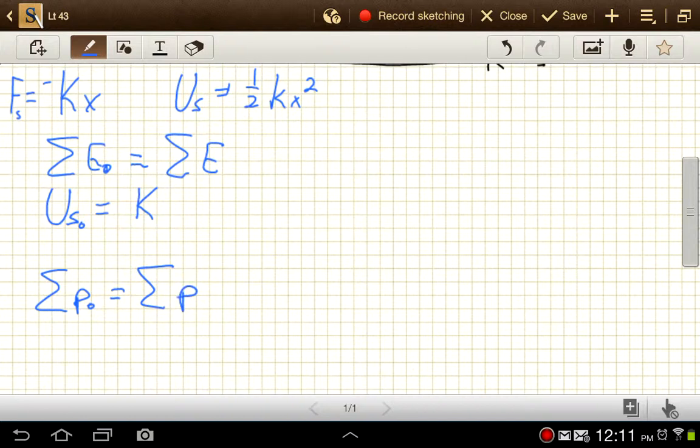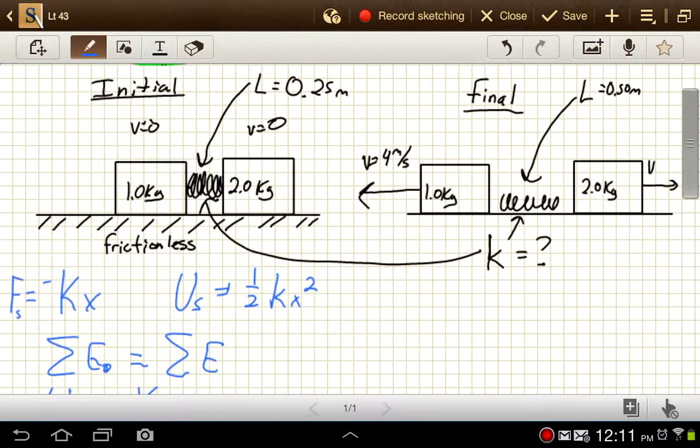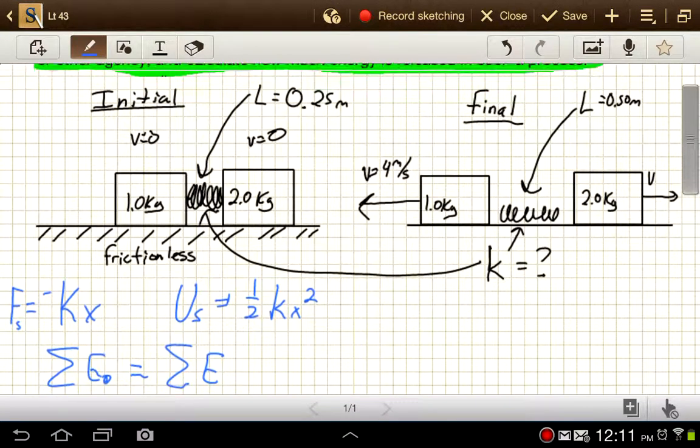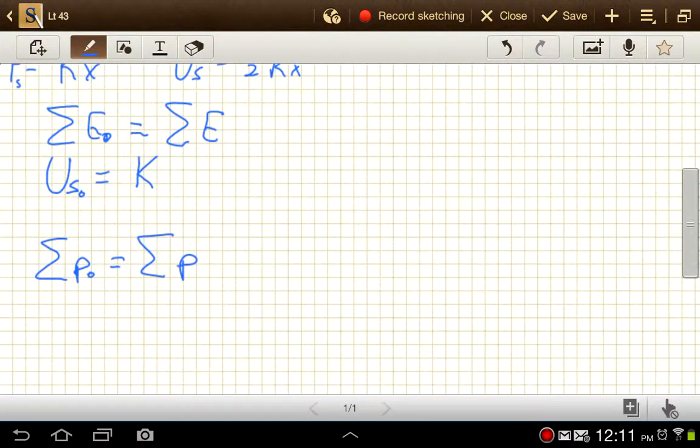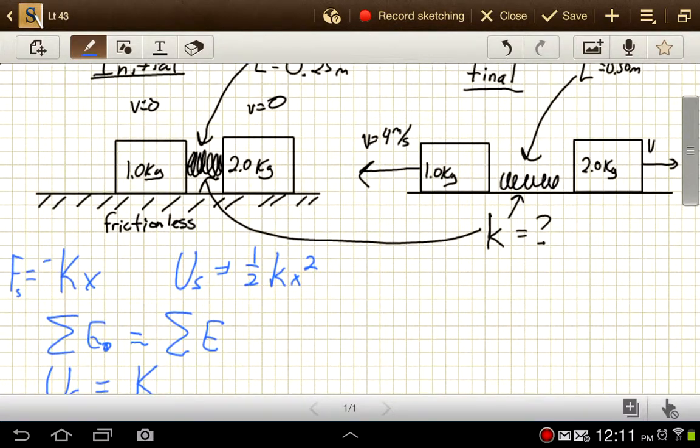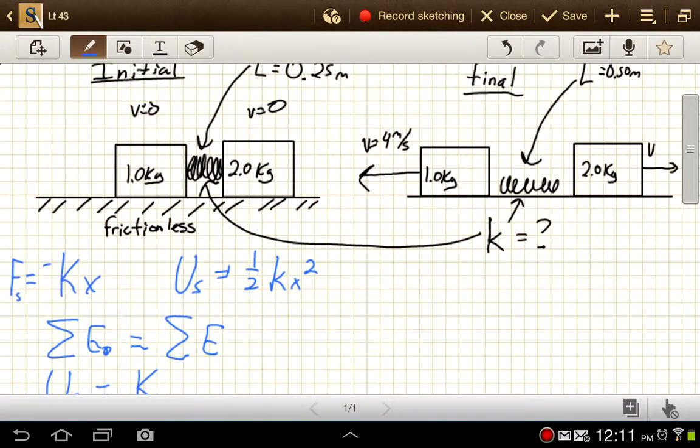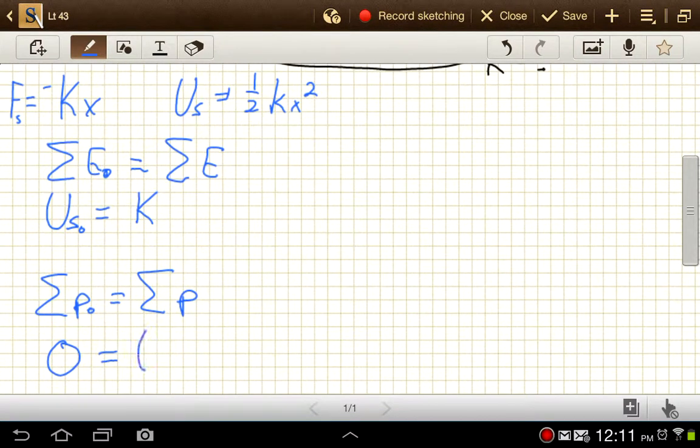Initially we had all three objects at rest here, so our initial momentum is just 0. In the final state we've got our 1 kilogram mass going to the left at 4 meters per second. So mass times velocity: 1 kilogram times negative 4 meters per second.